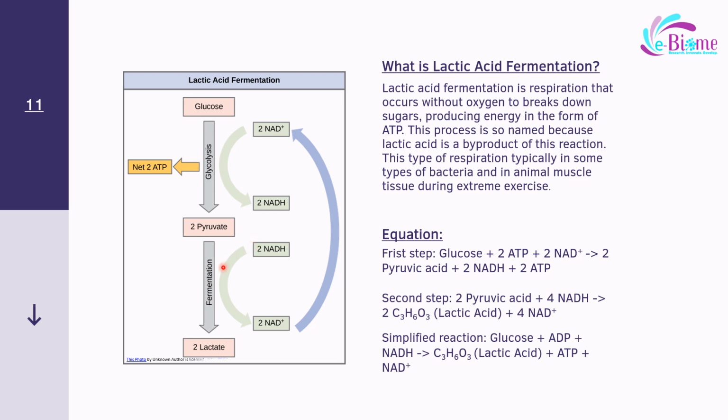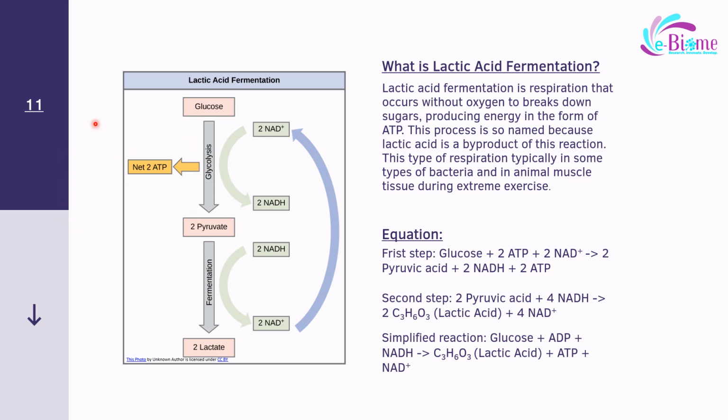Then we undergo a fermentation reaction, which converts the pyruvate into lactate, or lactic acid. This is done to help recoup the electron carriers and to restart the cycle so they can produce more ATP.